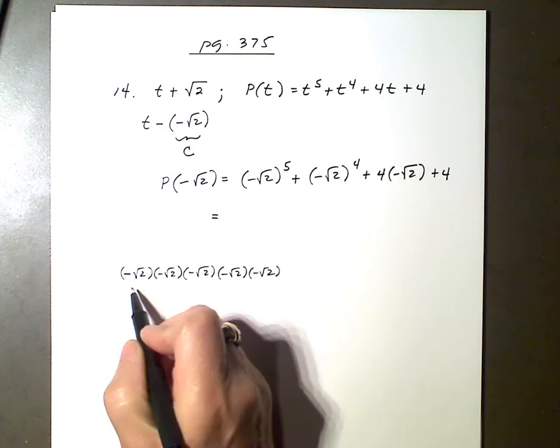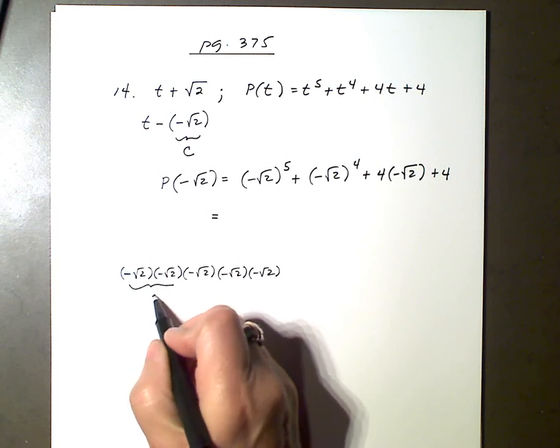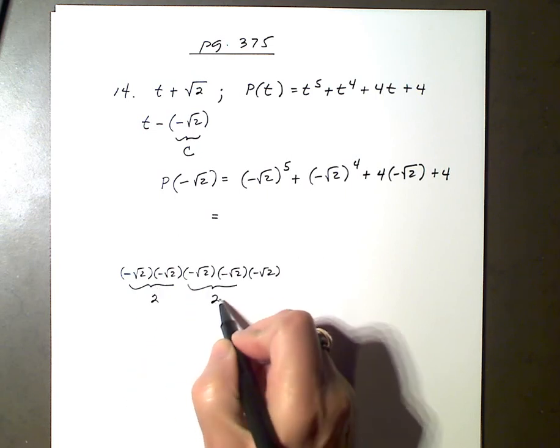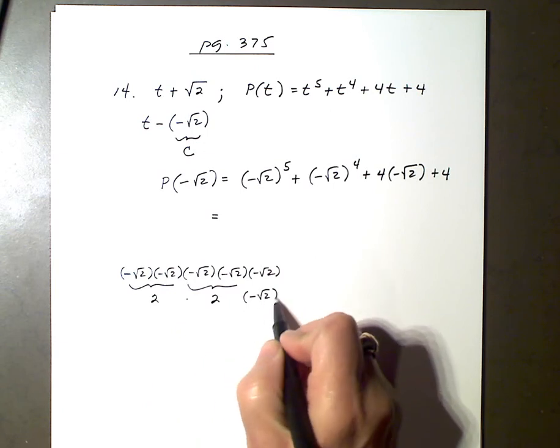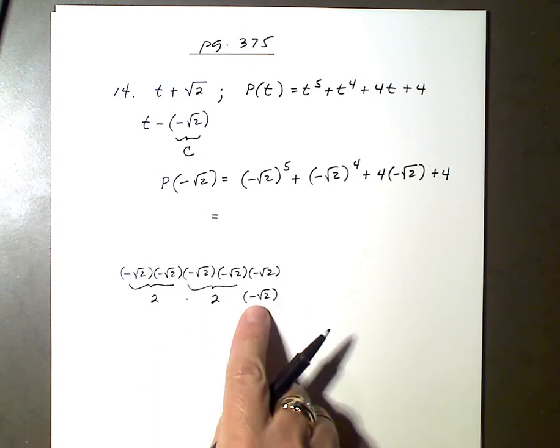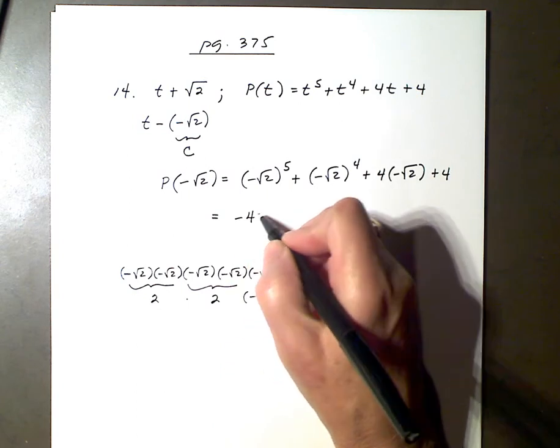This is a positive 2, and this is a positive 2. So 2 times 2 times the negative square root of 2 is 4 times the negative square root of 2. So that's going to be negative 4 times the square root of 2.